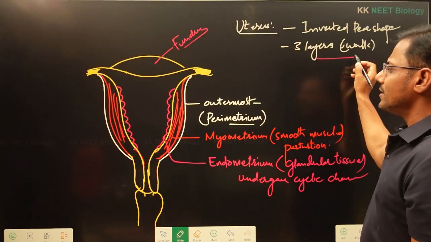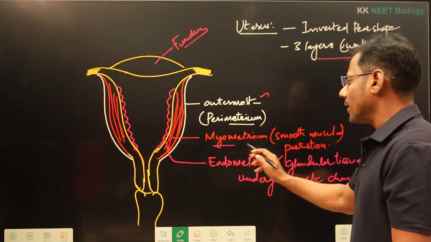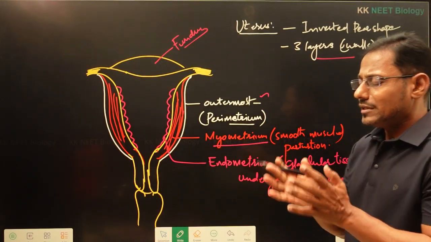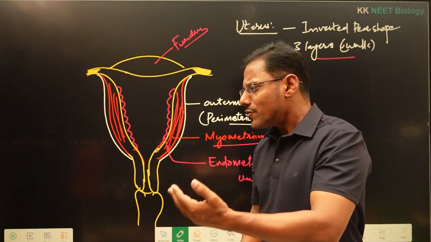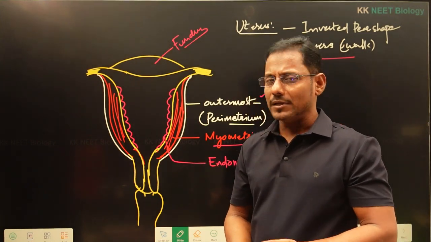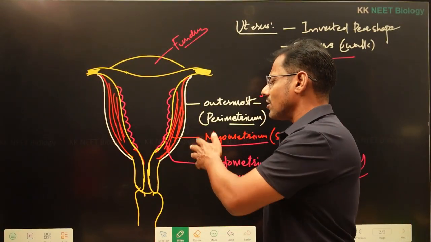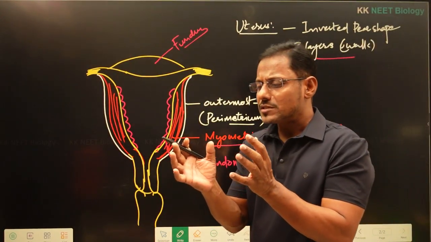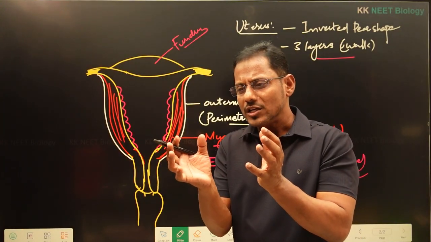It has 3 layers. The outermost layer is perimetrium and the middle layer is known as myometrium. The myometrium is made up of smooth muscles. So at the time of the menstrual cycle, some people feel pain in the uterine region, that is the cause here. Because the myometrium is made up of smooth muscle, it is going to contract very slowly.